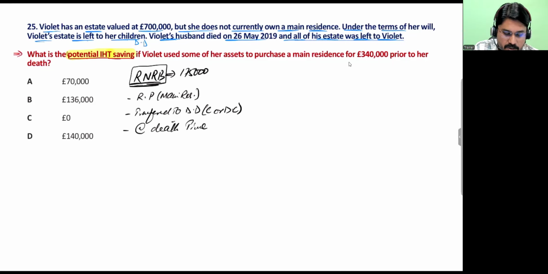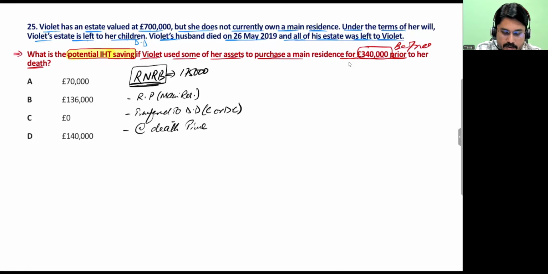What is the potential IHT saving? What is the possible IHT saving? What IHT can be saved if we use some of her assets to purchase a main residence of 340,000 before her death? If the person purchased a residential property before the death, this amount of residential property will be added to the estate and the RNRB can be claimed.